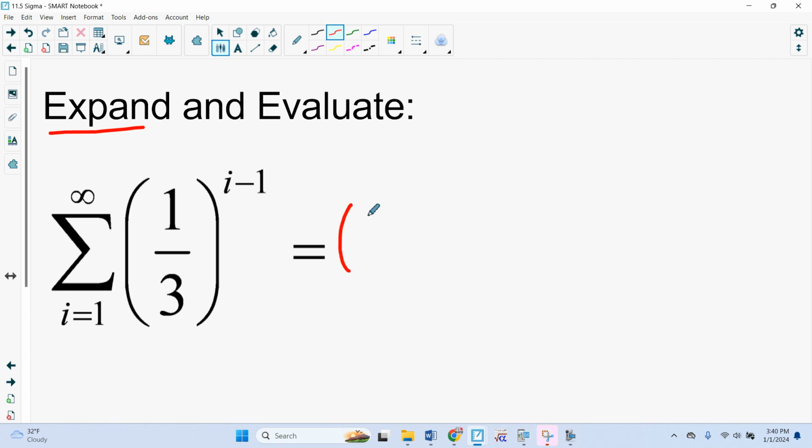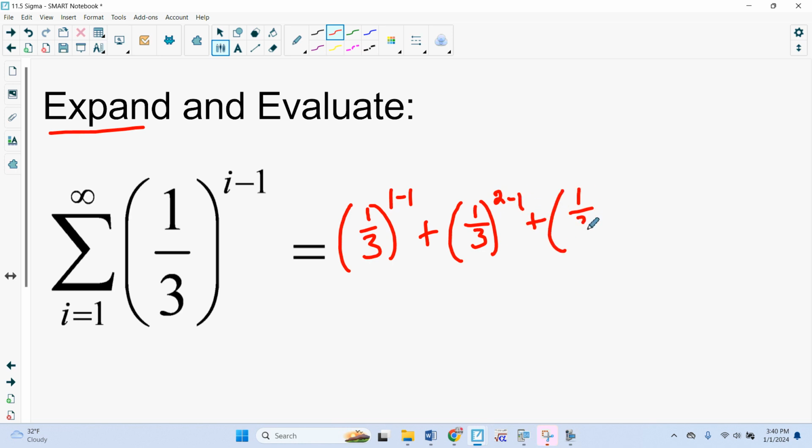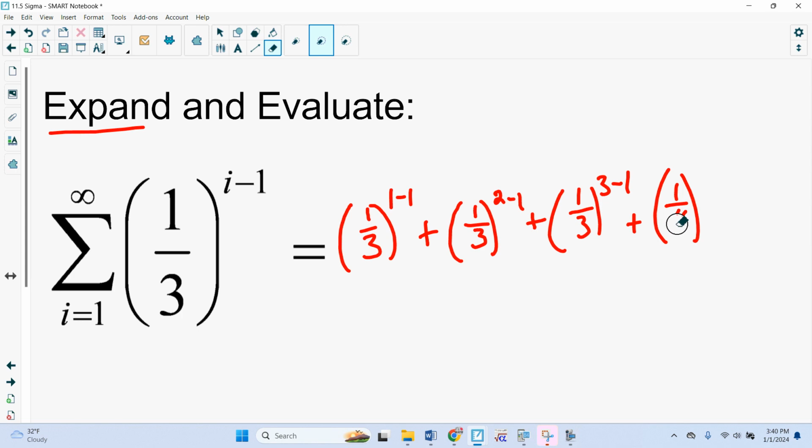We start off, this is going to be 1/3 to the 1 minus 1, plus 1/3 to the 2 minus 1, plus 1/3 to the 3 minus 1, plus 1/3 to the 4 minus 1, plus, forever.